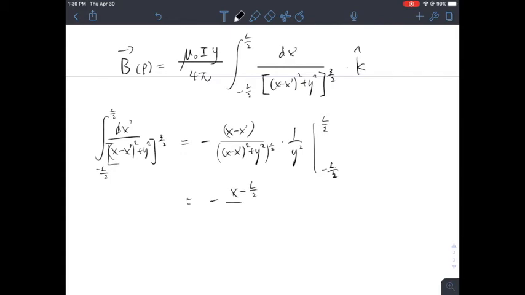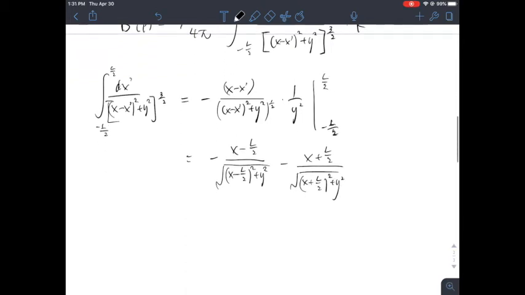We have negative x minus L over 2 divided by the square root of x minus L over 2 squared plus y squared. Then we minus, plugging in the L over 2 ordinary equation, we have this expression, all times 1 over y squared.